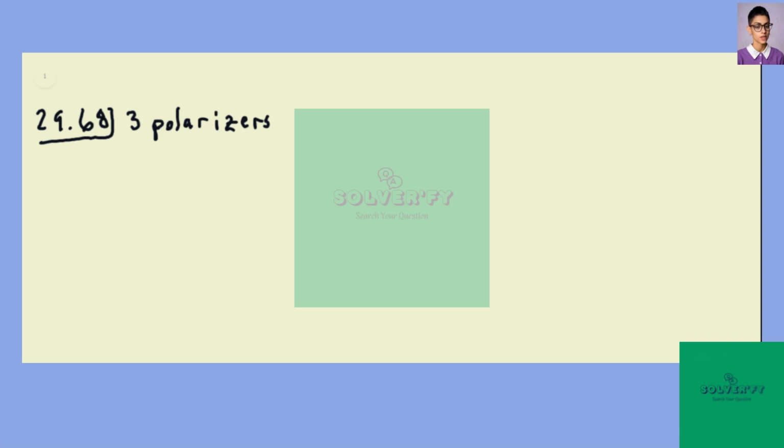.68, we want to discuss what happens when you have three polarizers. So you imagine that we have one that has its axis of polarization in one direction.